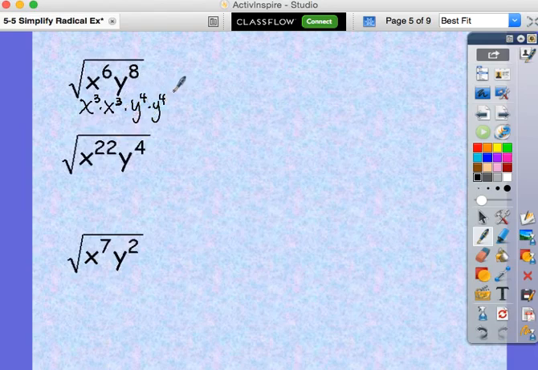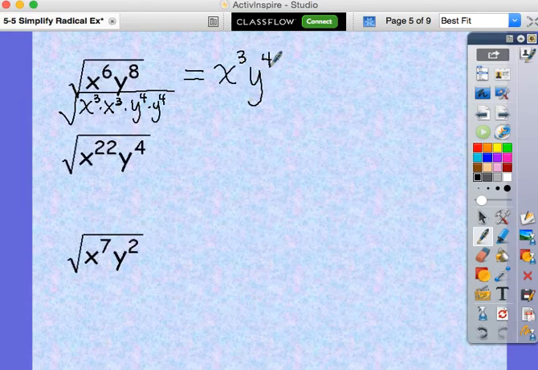Now remember, that's still all inside this radical. Okay, it hasn't come out yet. All right, but anytime you're multiplying something by itself inside, it can come out as just one of those terms. So out is going to come x to the 3rd power and y to the 4th power, and there's nothing left inside because when it's a number times itself, you bring it out as just one of those terms.